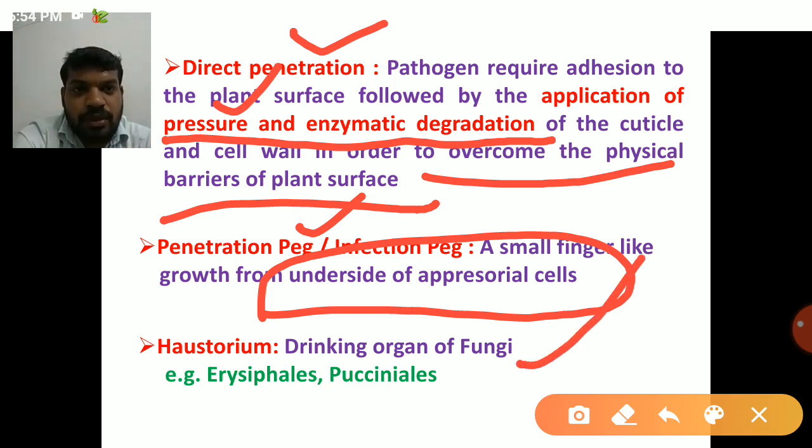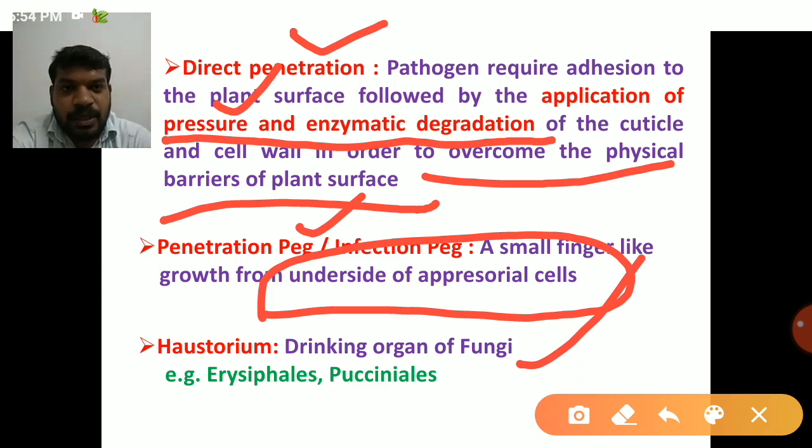Then the haustorium is a specialized structure produced by some fungi to suck or drink the nutrients from plants.